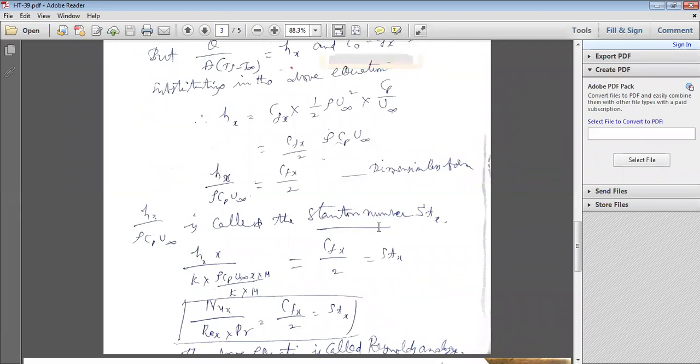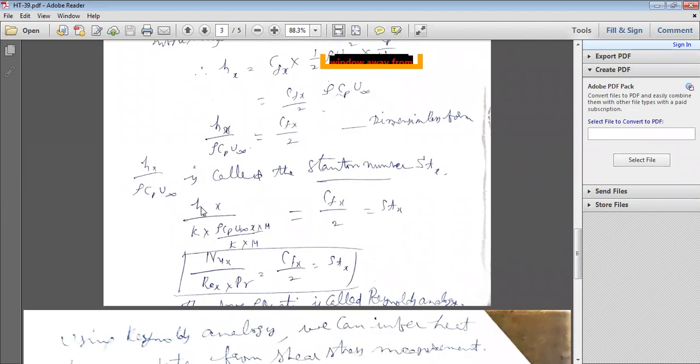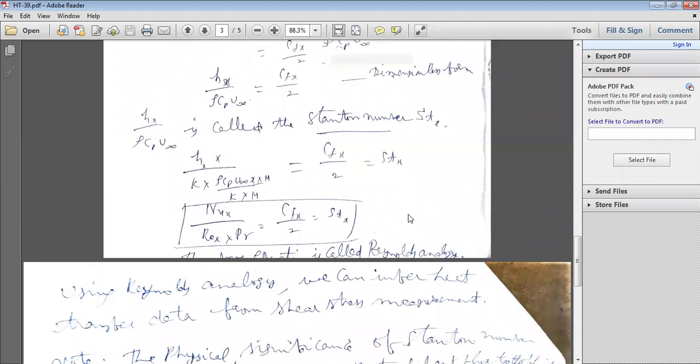And the right hand side, Cfx by 2, that is the local skin friction coefficient divided by 2, is also dimensionless. So Hx divided by rho Cp into U free stream is equal to Cfx by 2. This Hx by rho Cp U free stream is the Stanton number.